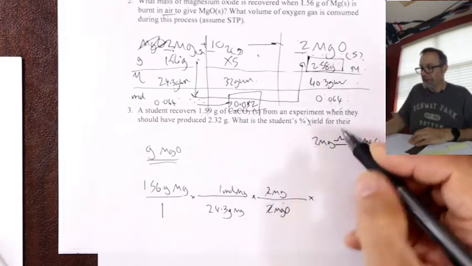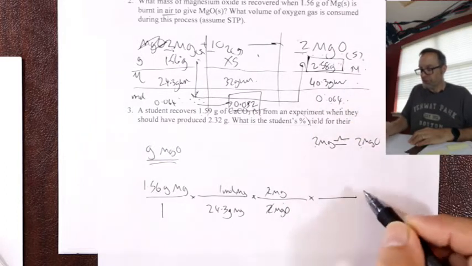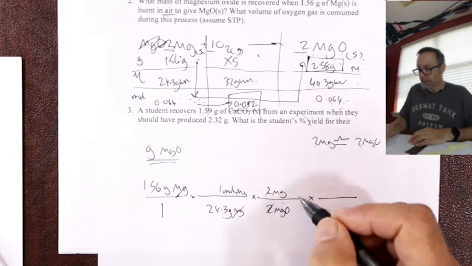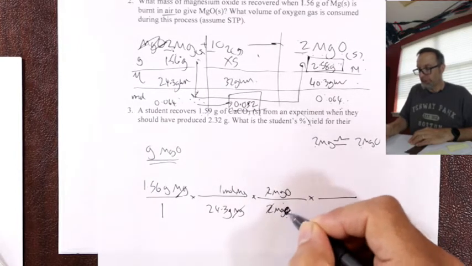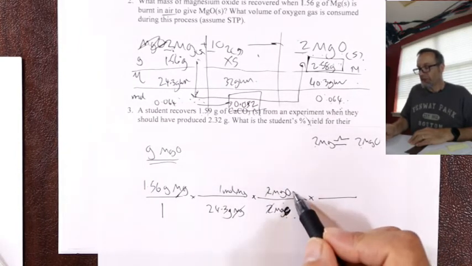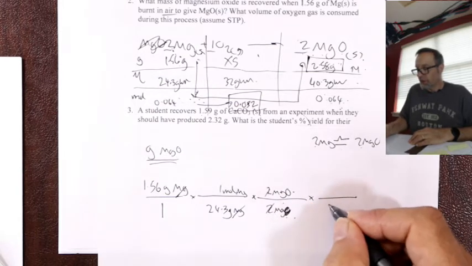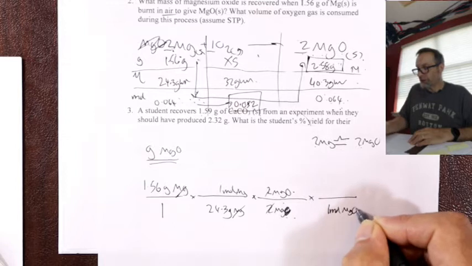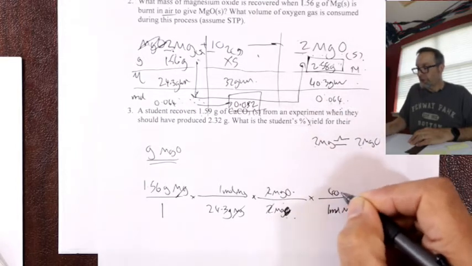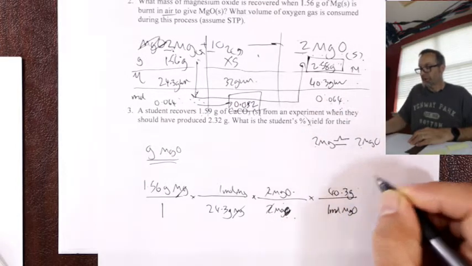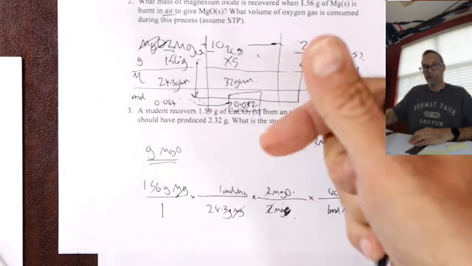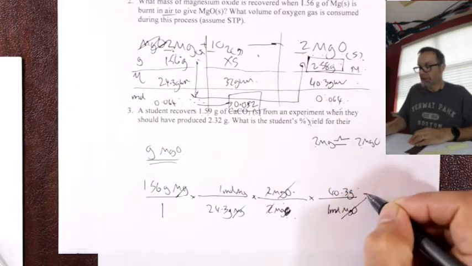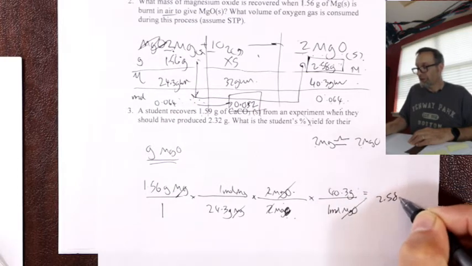And then finally, we have to go up. We're carrying moles of MgO. 1 mole of MgO is 40.3 grams. We just turn the grams per mole upside down, right? Equals 2.58 grams.